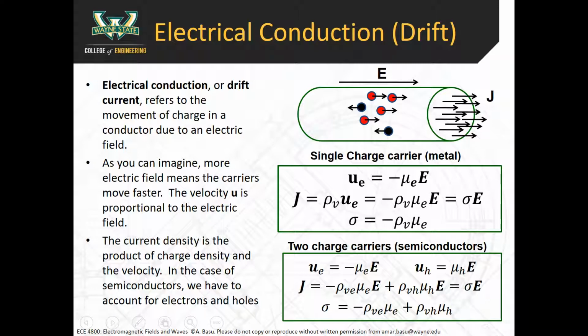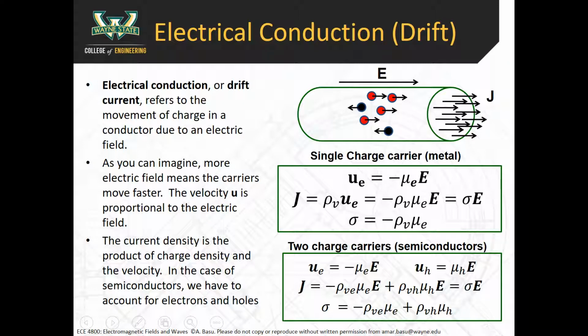So we can define this thing here, negative rho v times mu, as a conductivity sigma. So sigma is equal to negative rho v times mu, and then the current density J is equal to sigma E.